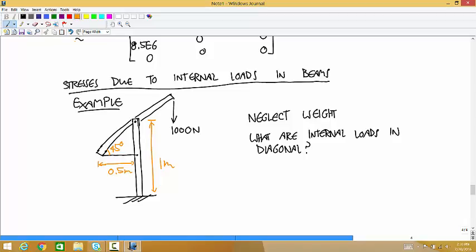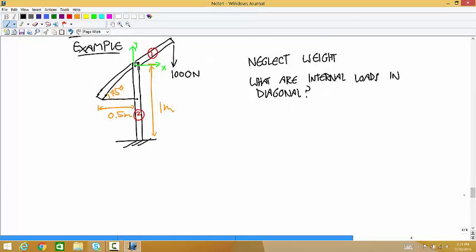Okay. So I'm going to call this member 1 and this member 2. And I'll choose an origin here. And start with a free body diagram of member 1.